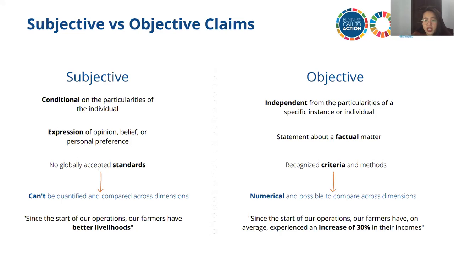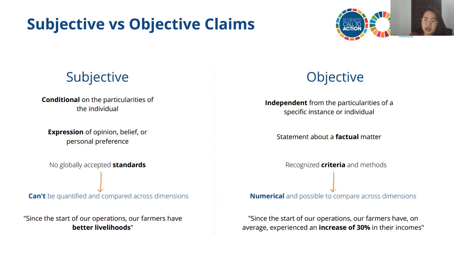So instead of saying that, you say, since the start of our operations, our farmers have experienced an average increase of 30% in their incomes. Okay, so it is more possible to compare dimensions with this, and it is more believable when you say increase of 30% in their incomes than saying better livelihoods.